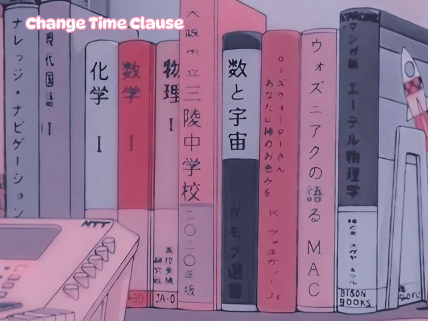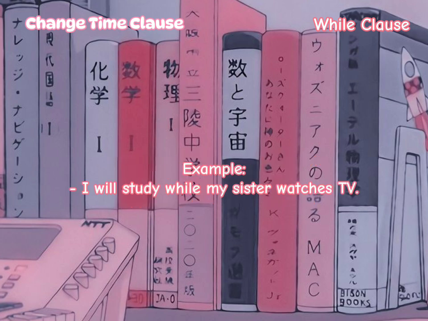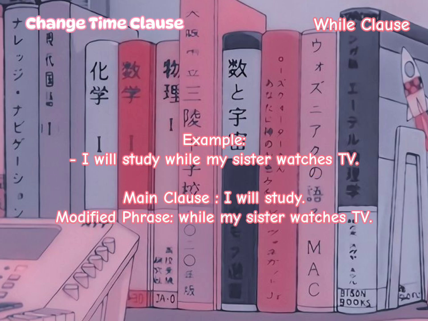And the next is while clause. This subordinating conjunction indicates that two actions are happening at the same time. This is the full sentence. This is the main clause, and this is the modified phrase.